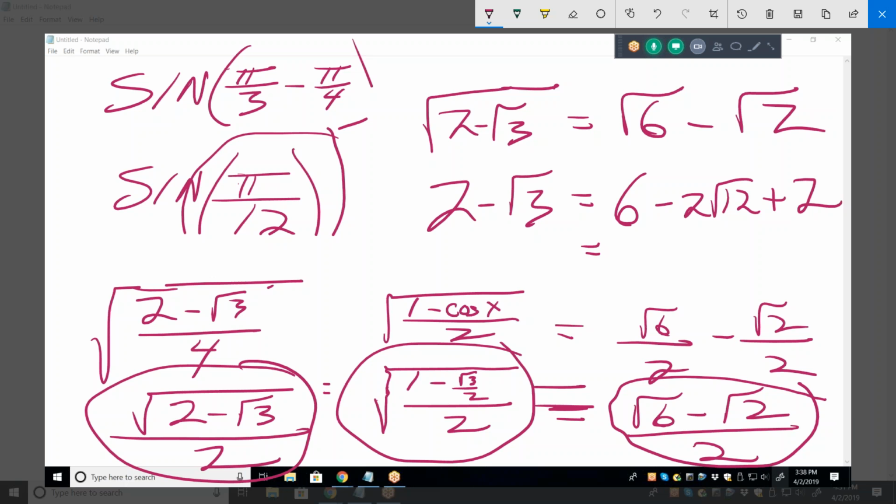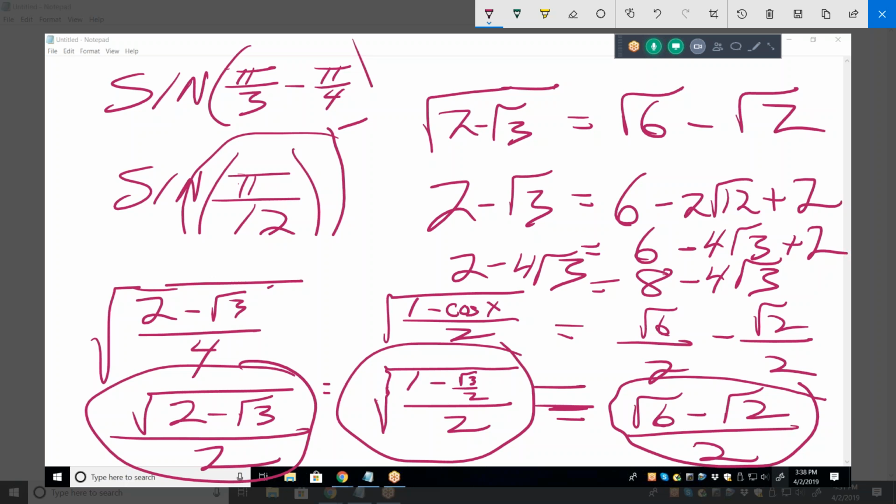And this becomes 6 minus 4 root 3 plus 2. So that becomes 8 minus 4 root 3. And this is 2 minus 4 root 3. One appears to be a factor of 4 bigger than the other.